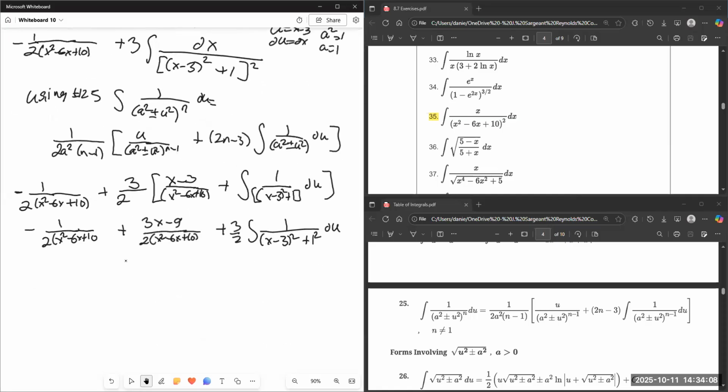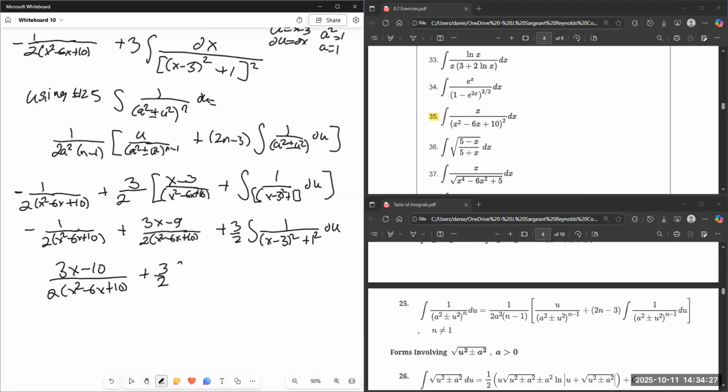Add these parts that are alike here and make this 3x minus 10 over 2 times x squared minus 6x plus 10.